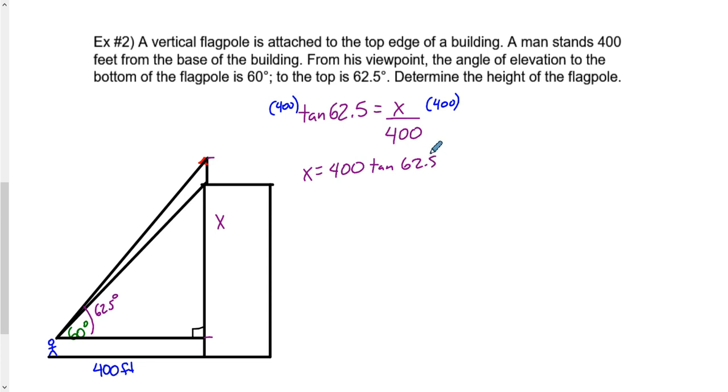Here's my screen. And I get 768.4. In this case, feet. So that'll be from this bottom here to the top. But we just want to find out what is the height of just the flagpole.